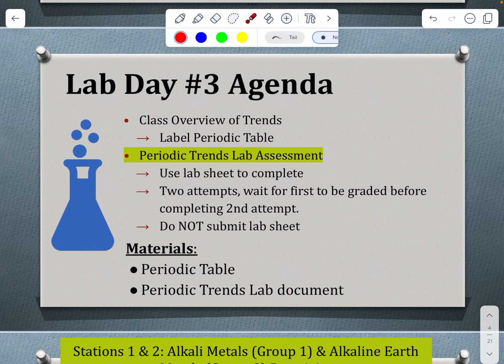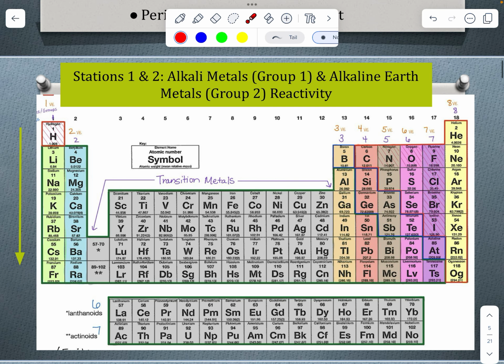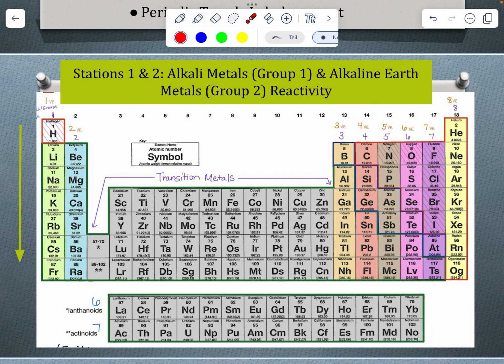All right, so you should have your lab sheet out and your periodic table. We're going to label those, and hopefully after these notes, you are prepped to do that lab assessment. In the first 2 stations, we talked about the alkali metals, so group 1 and group 2.